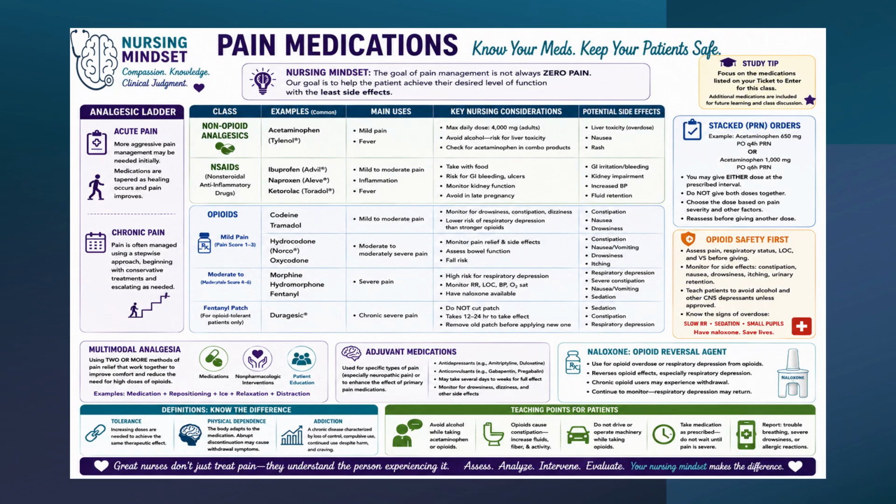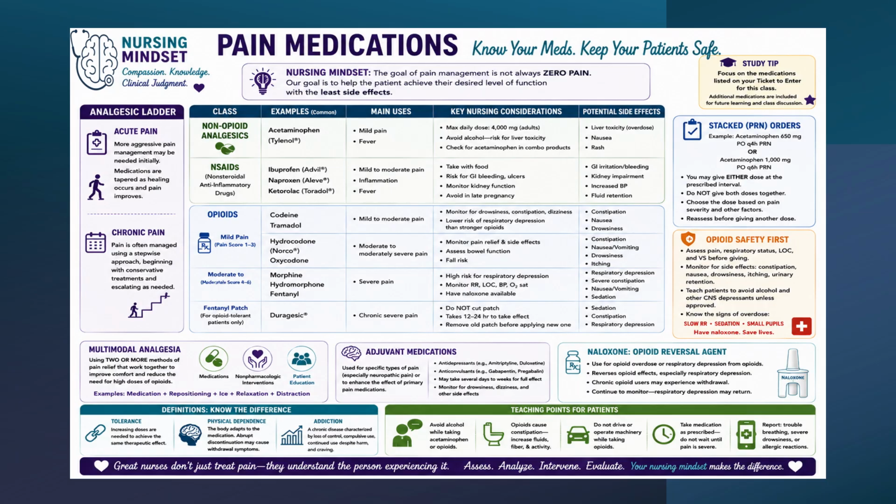This may include medications together with repositioning, ice, heat, relaxation techniques, guided breathing, massage, distraction, or music. Using several approaches often provides better pain relief while reducing the amount of opioid medication needed. That means fewer side effects and safer care for the patient. Remember, medications are only one part of effective pain management.